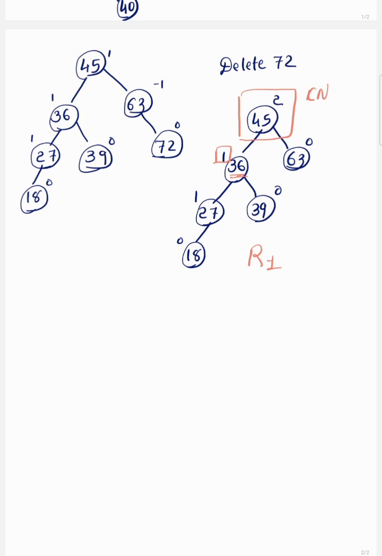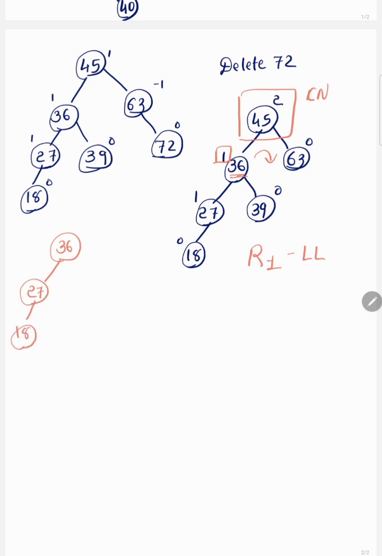Now what is the difference between R0 and R1, you might be thinking, because I told you R0 is nothing but LL rotation, right? Similarly, R1 is also the same, LL rotation, right? So again you need to do the same thing. You need to rotate your critical node towards the right side. So if I rotate my critical node towards the right side, I'll have 36 as my root node, right?